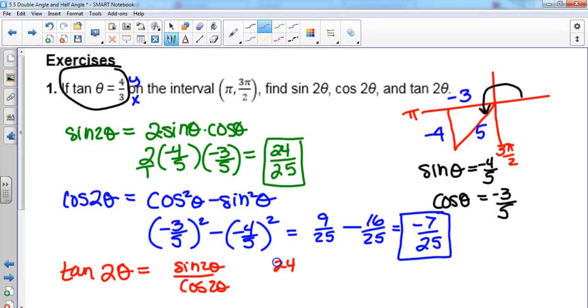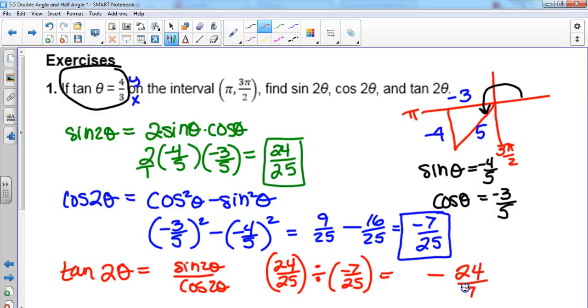So we have 24/25 divided by -7/25, which will become what when you flip it over and cancel some things? -24/7. Do I need to write out what I canceled? How that worked? You just flip this one over, 25 over -7, then the 25's cancel.